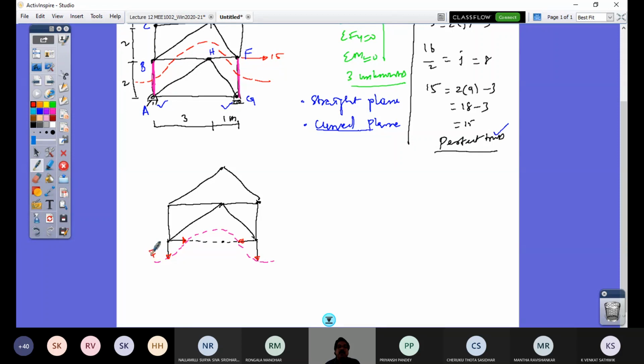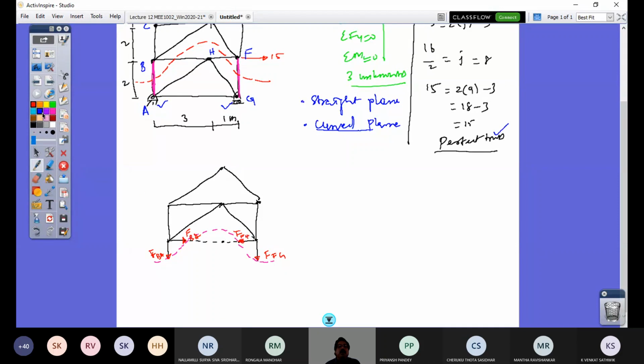This is FBA, this is FG. These are the two things asked, and this is FBH, and this one is FFH. These are the four unknowns.